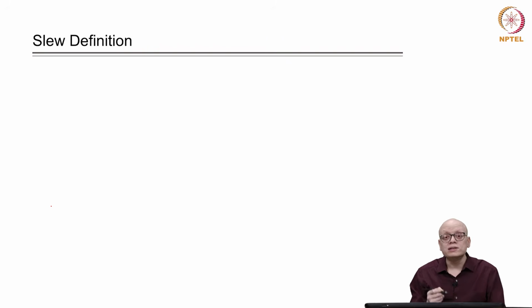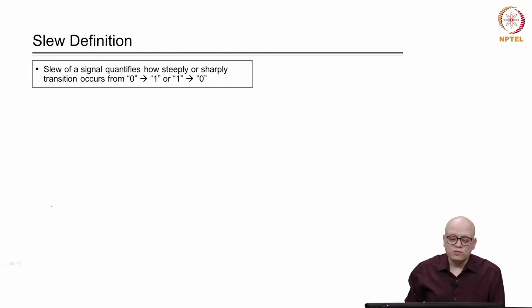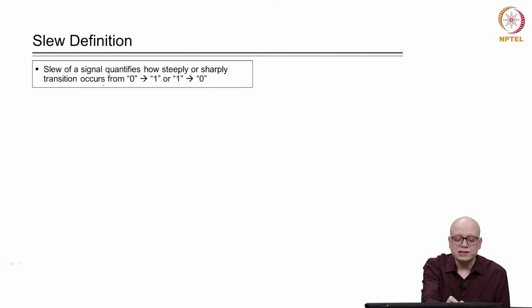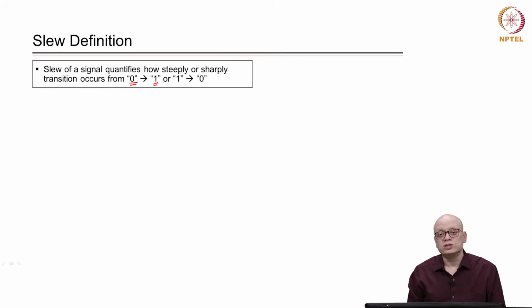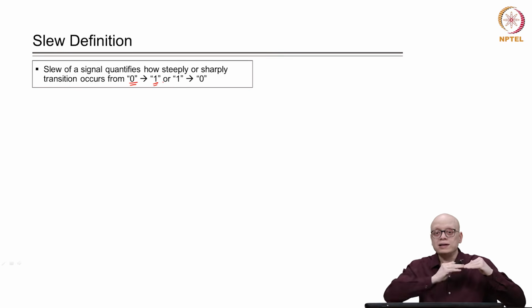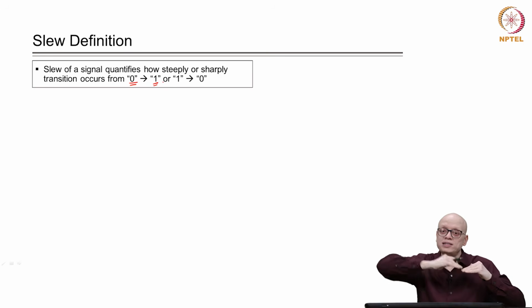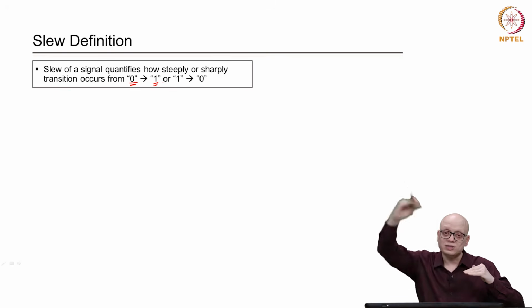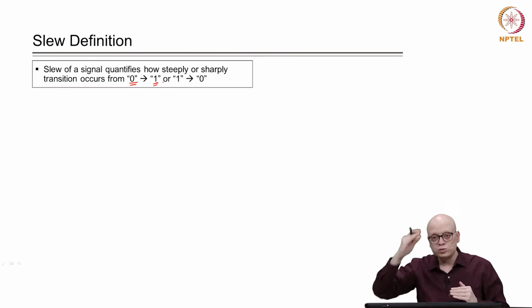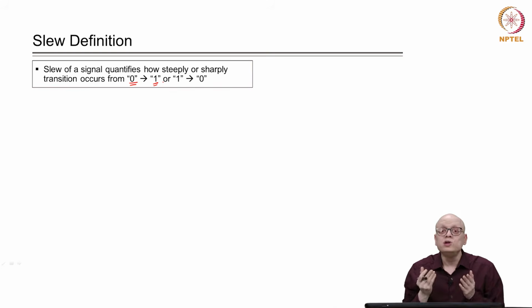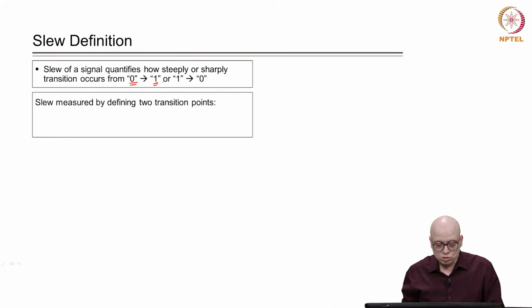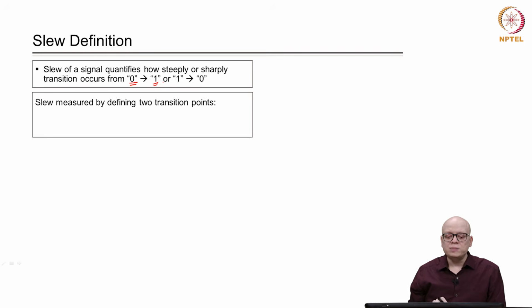So, what is slew? Let us understand that first. The slew of a signal quantifies how steeply or sharply a transition occurs from 0 to 1 or 1 to 0. How fast it goes from 0 to 1 or 1 to 0 is measured by the slew of a signal. Slew is measured by defining two transition points.